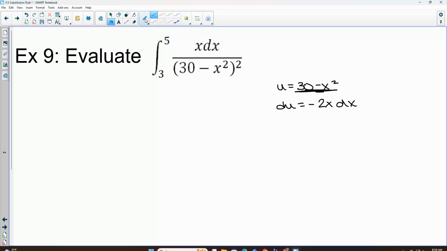Okay, so we have accounted for this 30 minus x squared. I need an x and a dx. I do not need that negative 2. So that means negative 1/2 du would replace the x dx.